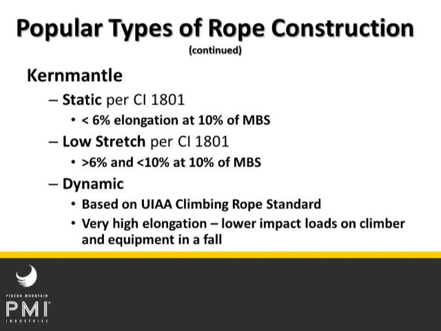And they go all the way up to 40 or 50% at break, where a typical static rope like a PMI rope would be somewhere around 17 or 22% elongation at break, depending on which one. So that's enough about that.